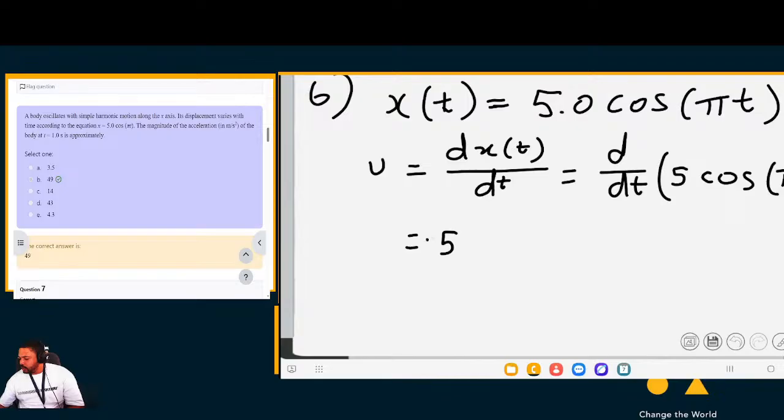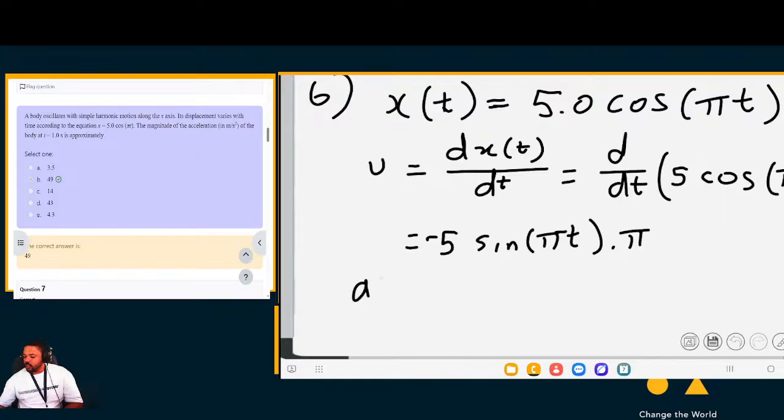So it's negative sine of pi t. And then you differentiate whatever is inside the bracket. The derivative of pi t is just equal to pi. So it's negative 5 sine pi t times pi. That is the velocity in terms of t.